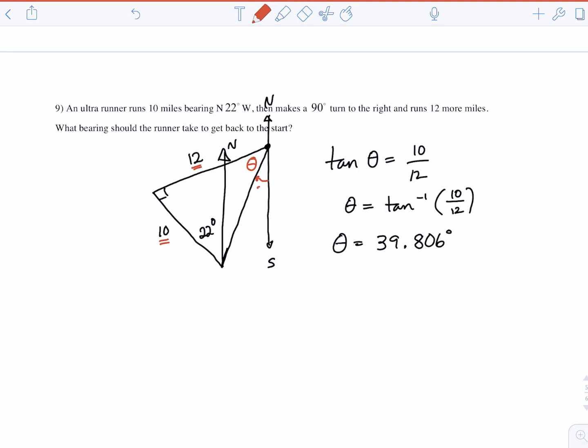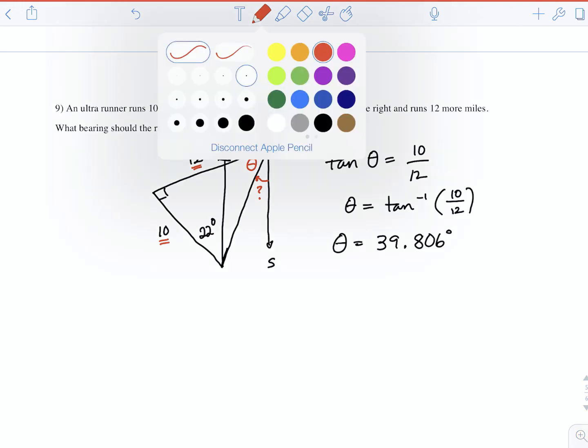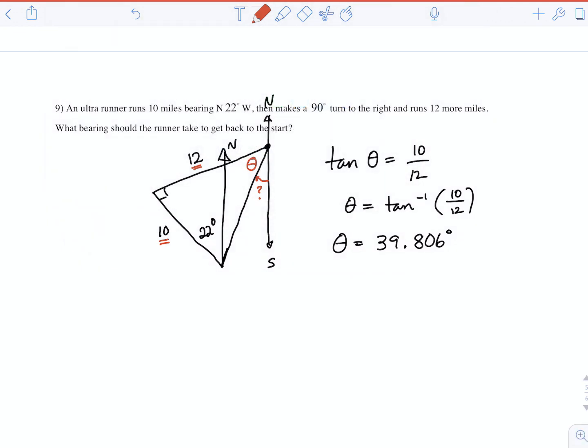So then, what angle is this? Well, I could use the fact that because the north-south lines are parallel, this angle is the same as this angle. So, I know what the theta is, I know the 90, I know the 22, I just don't know this x right here.